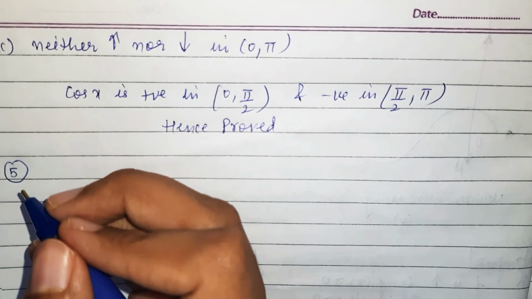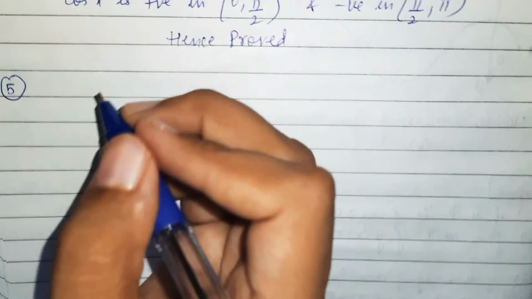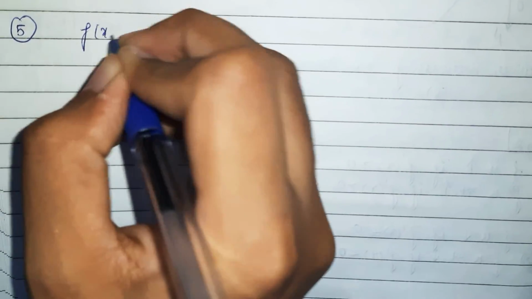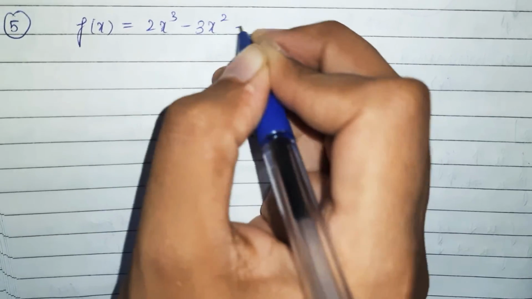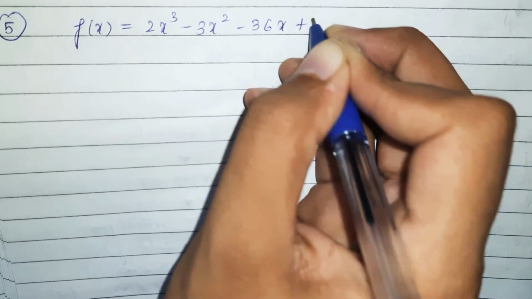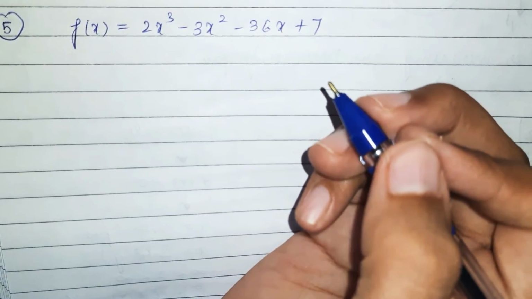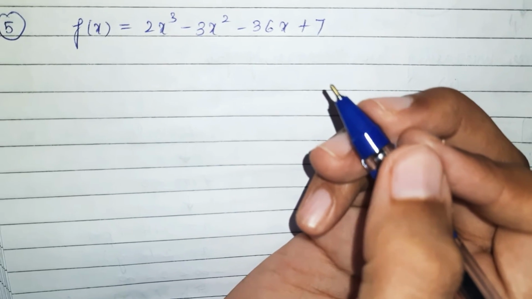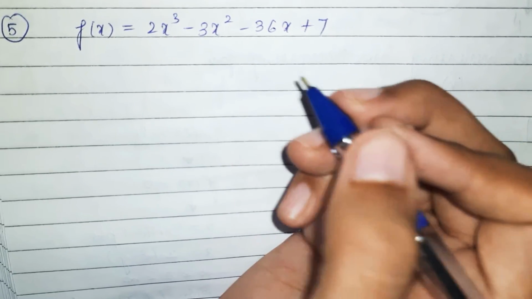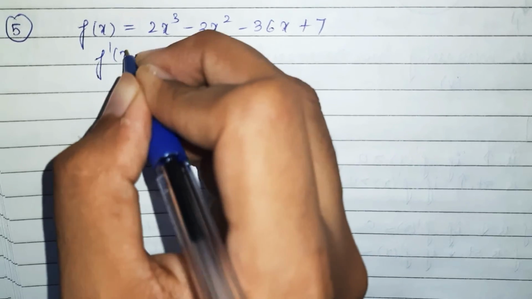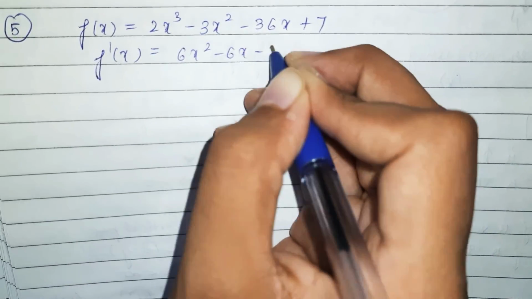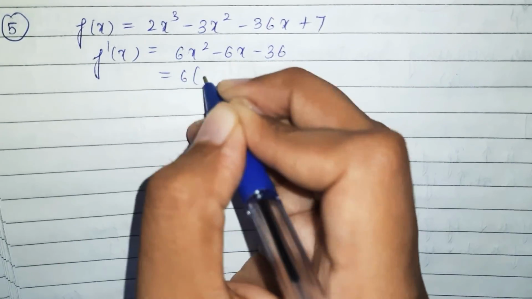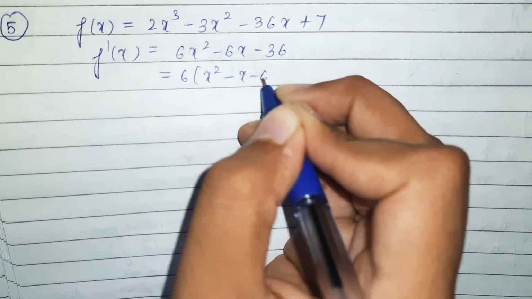Now this is the question: find the intervals in which the function f(x) is 2x cube minus 3x square minus 36x plus 7. We need to calculate the intervals when the function is strictly increasing and strictly decreasing. Okay, calculate f dash x. I am getting 6x square minus 6x minus 36, which is 6 times x square minus x minus 6.